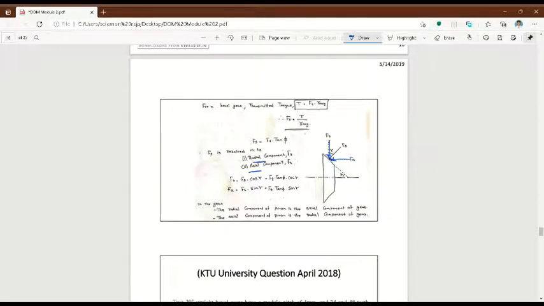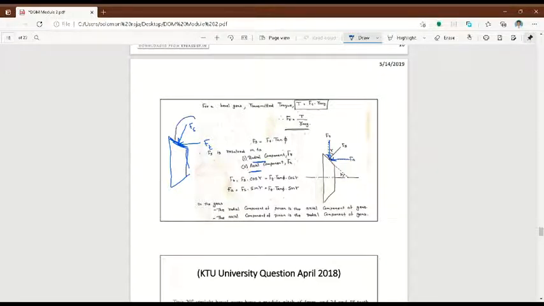I am telling you again: in a bevel gear, two forces will be acting in the center of the face. One is the tangential force, and the other is perpendicular to the face, called Fs, the separating force.